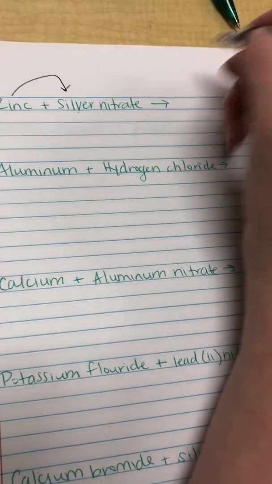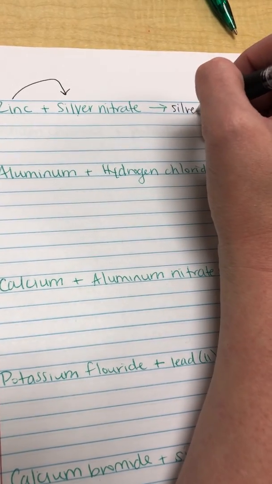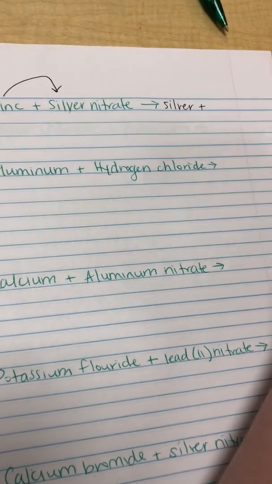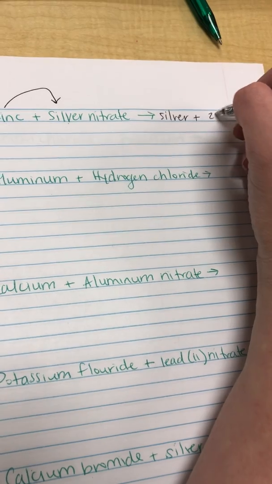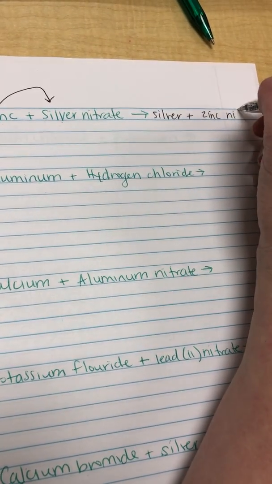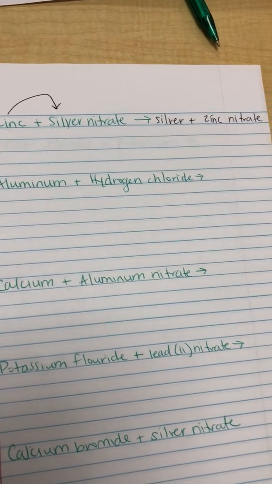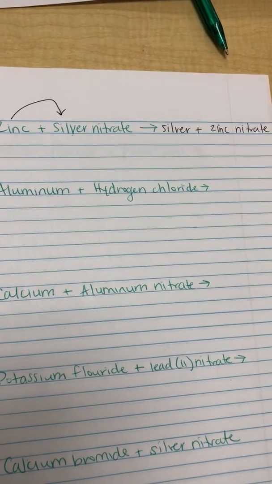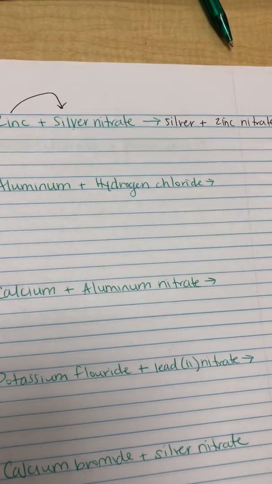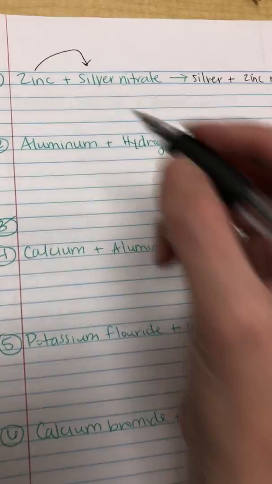So since zinc kicked out my silver, I now have silver by itself. And my zinc is going to take the place of my silver. So I have zinc nitrate as my second compound. So I just have to write my formulas.